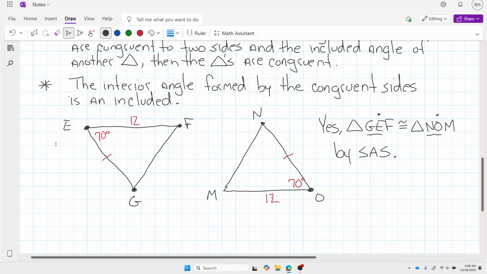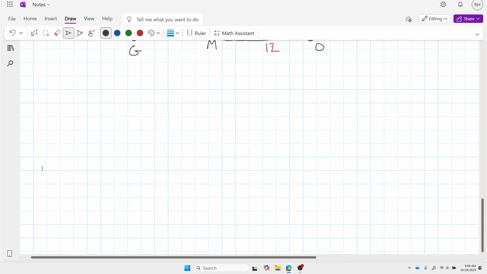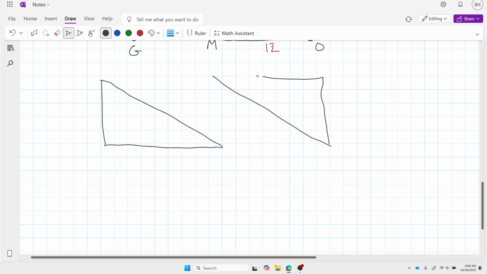Then take a look at these two triangles. And let's say on the left, this triangle is HIJ, and the triangle on the right is NFL. Now, we've got HI congruent to FL.